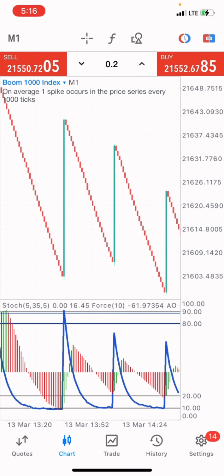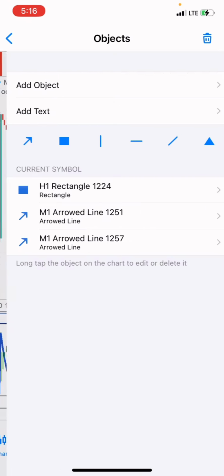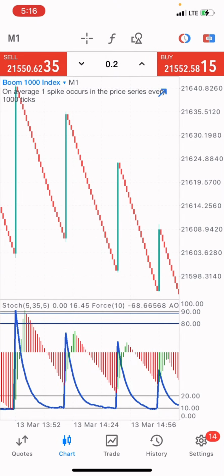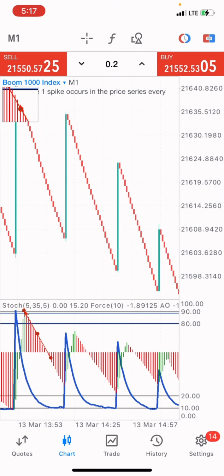You want to see that they are also at that region. You want to see that they also come to the level 90 and level 80 of the stochastic oscillator region, and you want to see them drop from that region. Once they start dropping from that region, that marks your entry, guys.